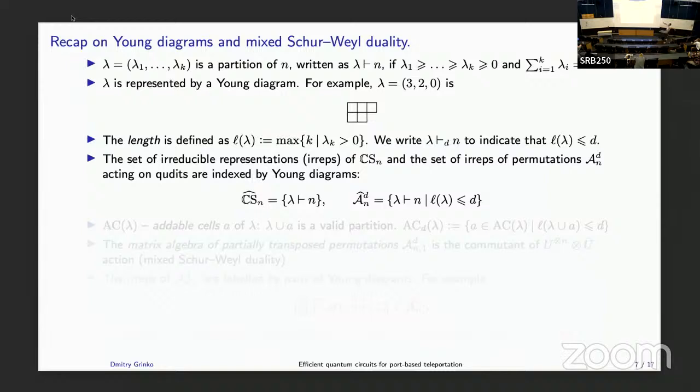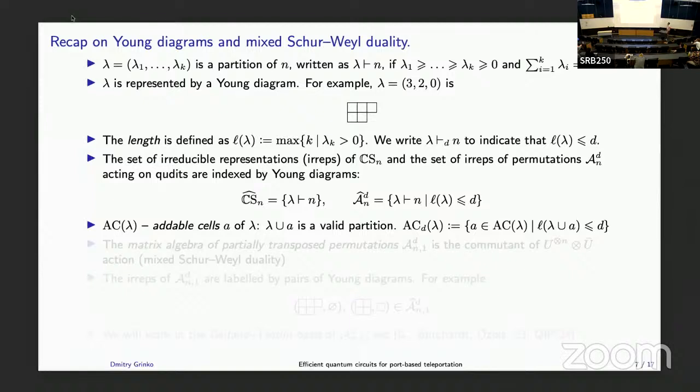So you see this kind of C S_n hat. This is the set of irreducible representations of the symmetric group algebra. This A_n hat^d is the set of irreducible representations for a matrix version of the same algebra. I would also need this notation for addable cells of the Young diagram.